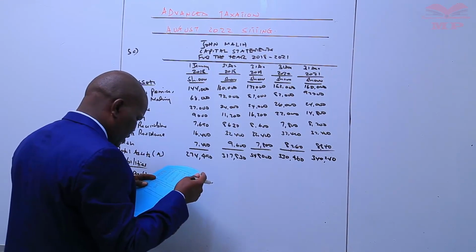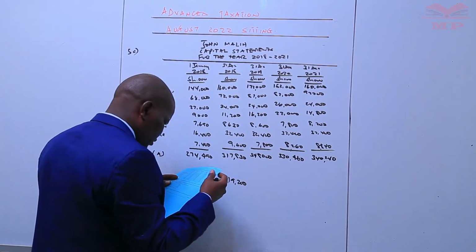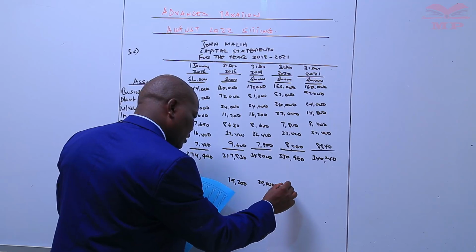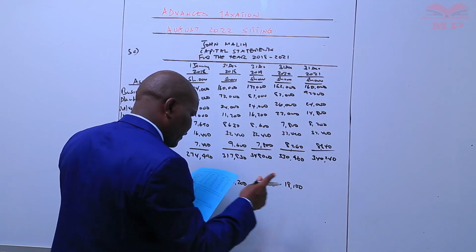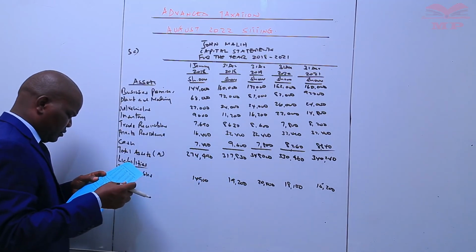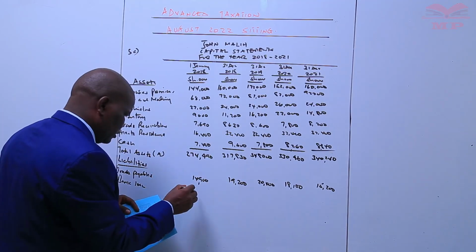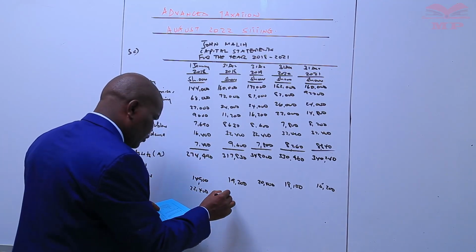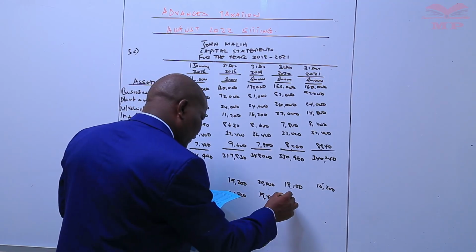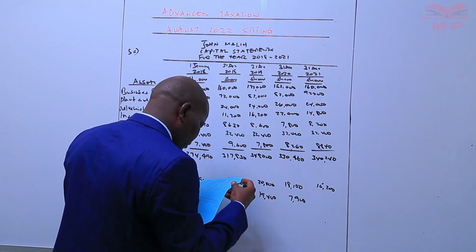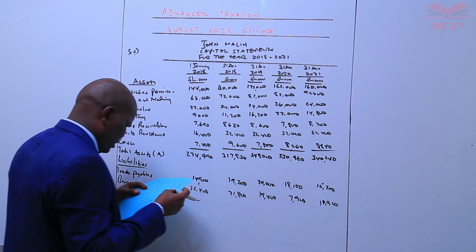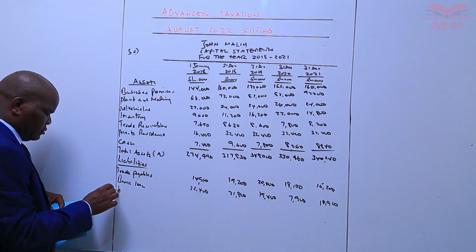Next is 19,200, 2,400, 2,400, 18,100, and 15,200. Next we have bank loan, 22,400, 21,800, 19,400, 7,900 and 18,900.